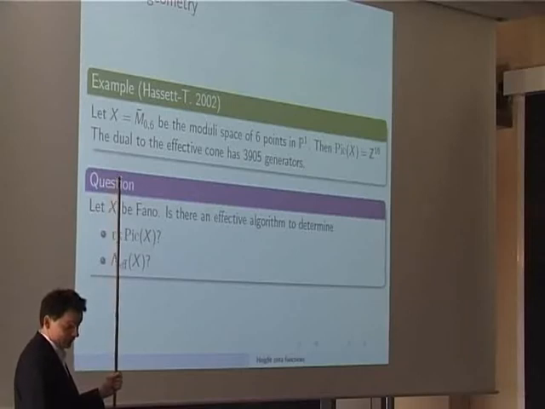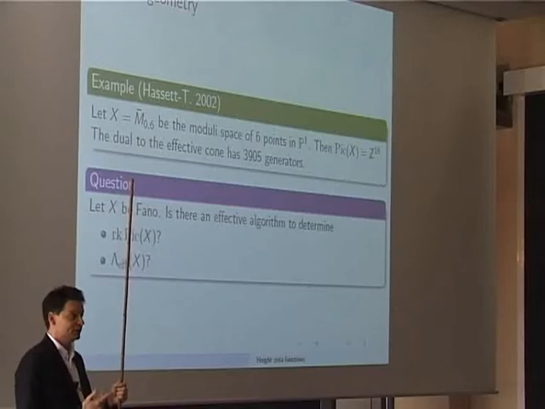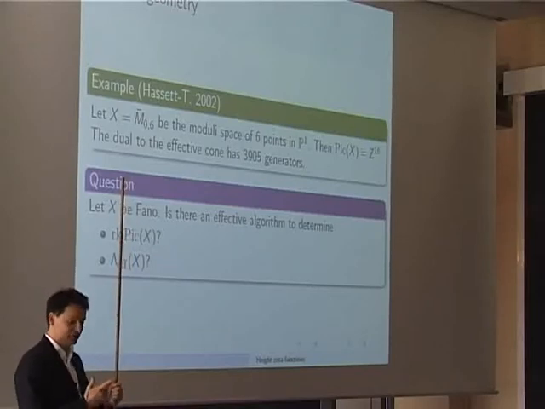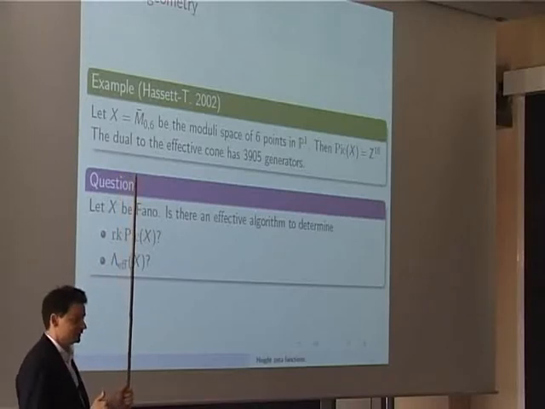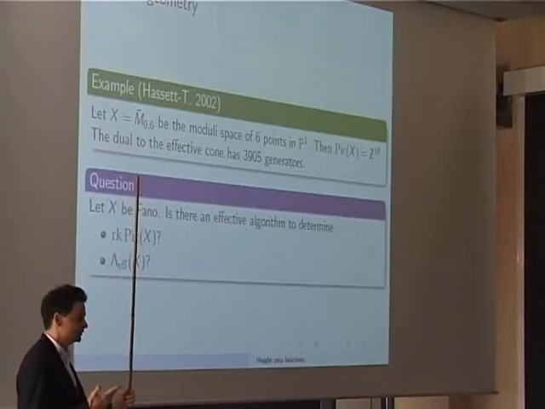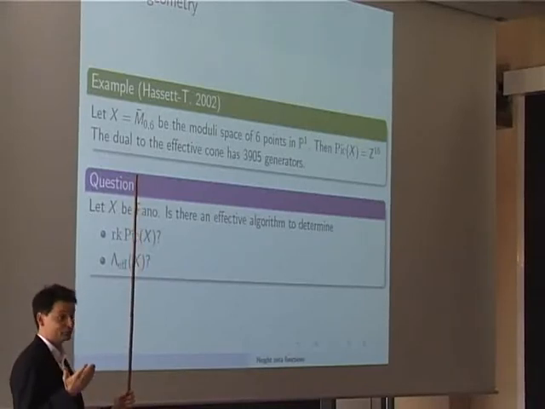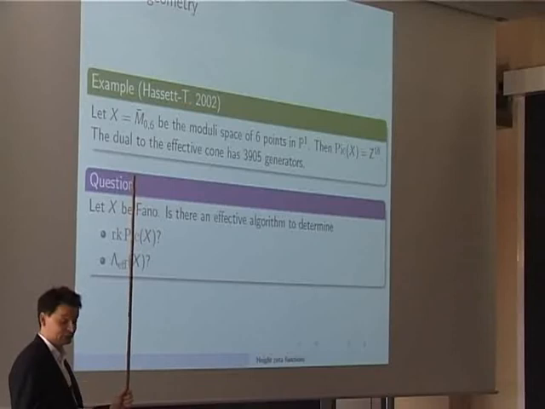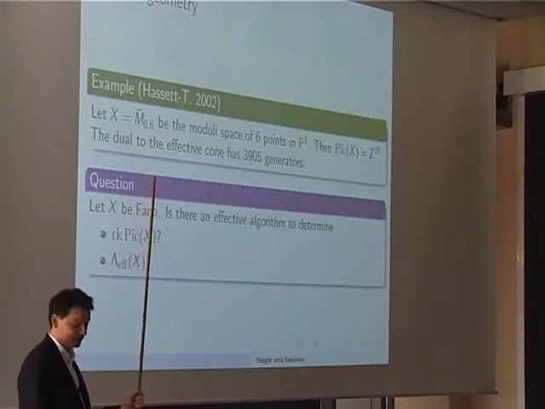The question about the rank of the Picard group and about the effective cone is interesting from the algorithmic point of view. I don't know whether one should even expect to be able to compute the rank of the Picard group for a K3 surface effectively. But I expect that for Fano varieties, that rank can be computed. There is a finite algorithm for doing that.